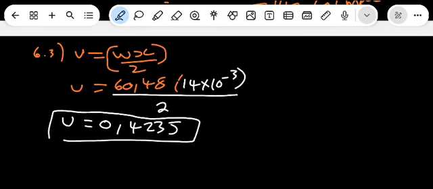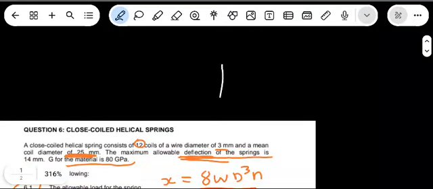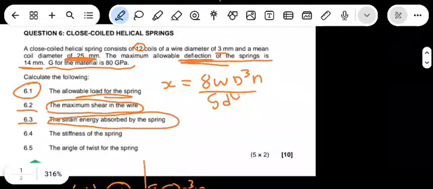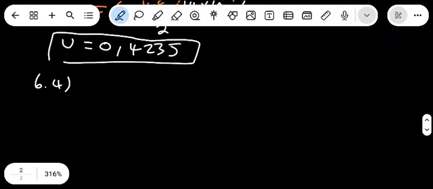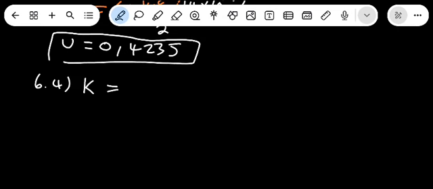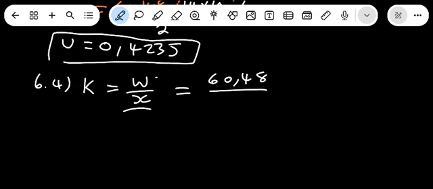So let's check 6.4. What do they want? The stiffness of the spring. The stiffness of the spring is denoted by K. We know that it is the weight divided by the deflection. The weight, 60.48, is the one that we've calculated, divided by the deflection, which is 14 times 10 to the power of minus 3.